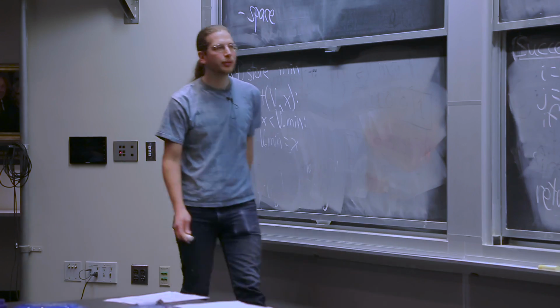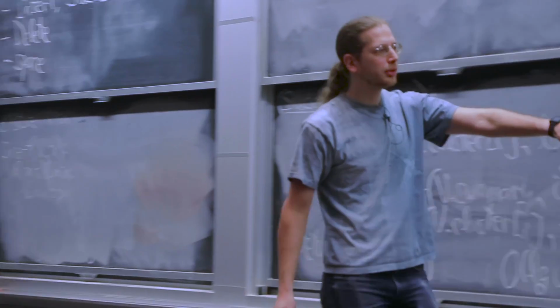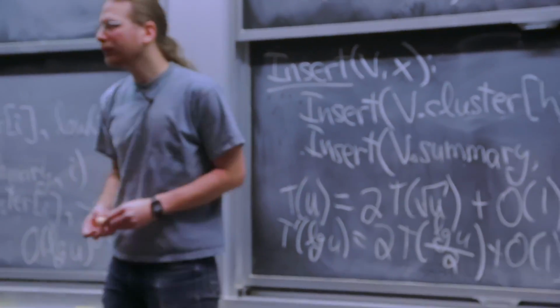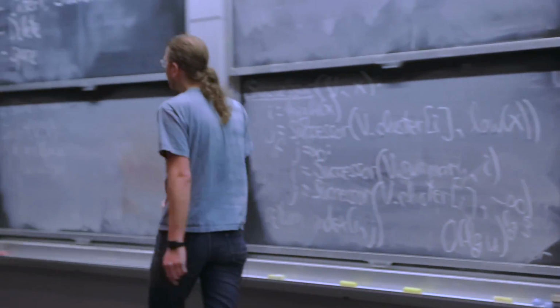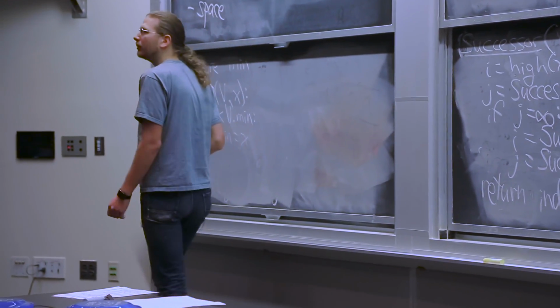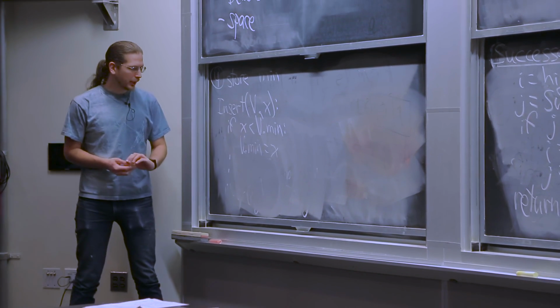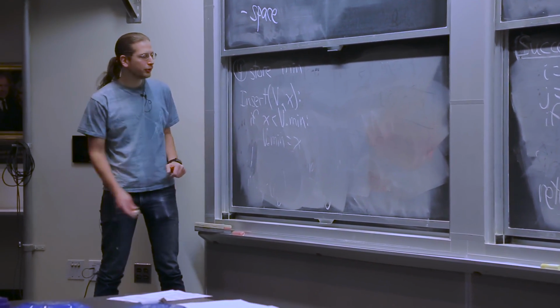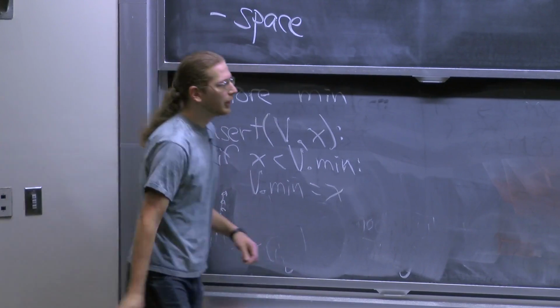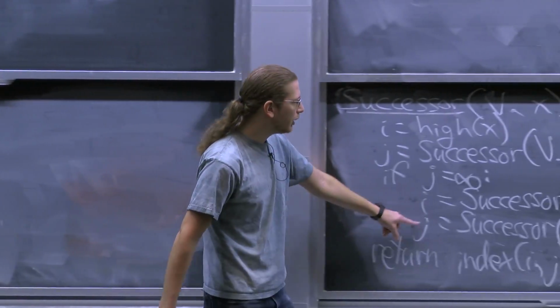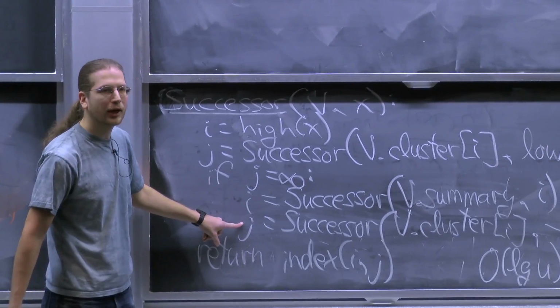Same insertion algorithm as over here. These 2 recursive calls. I just spent constant additional time, and now every structure knows its minimum. Again, ignore delete for now. That's trickier. Okay, now every structure knows its minimum, which means we can replace this call with just v.cluster[i].min.